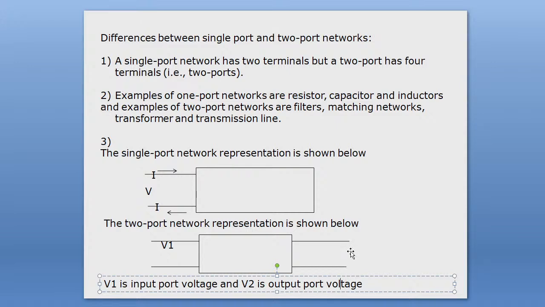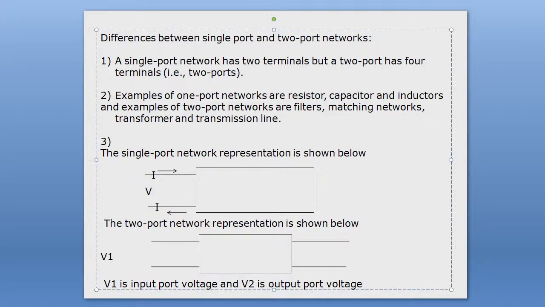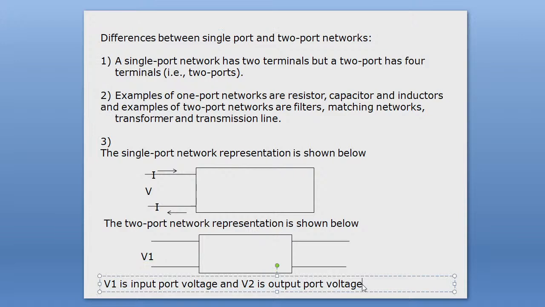Here V1 is the voltage of the input port and V2 is the voltage of the output port, and their corresponding currents I1 and I2 are the input and output port currents.